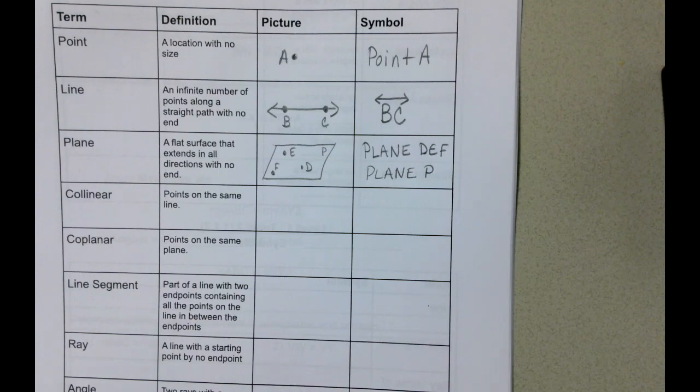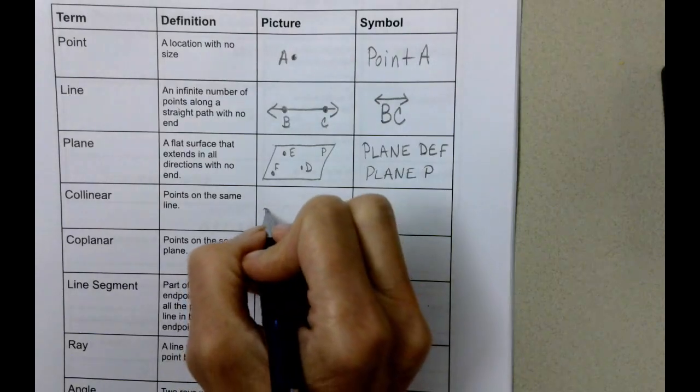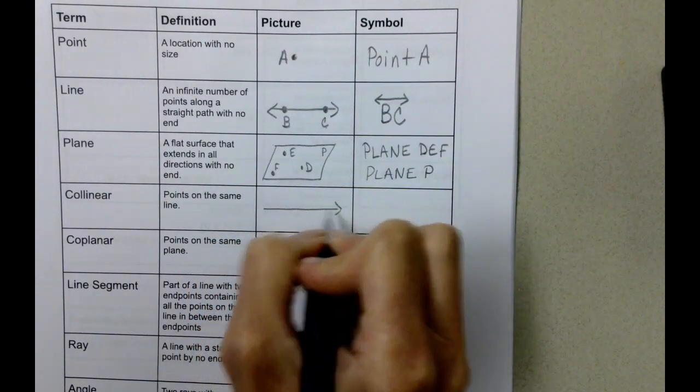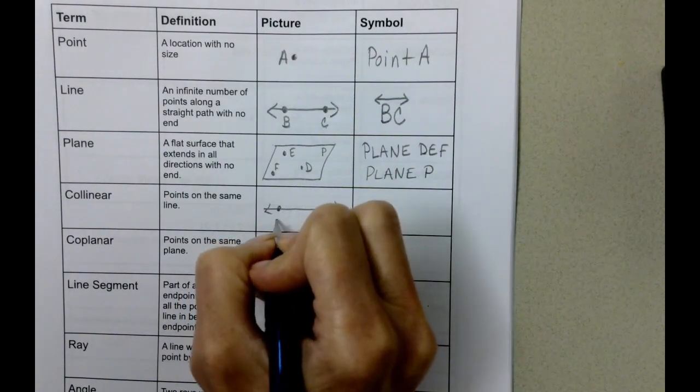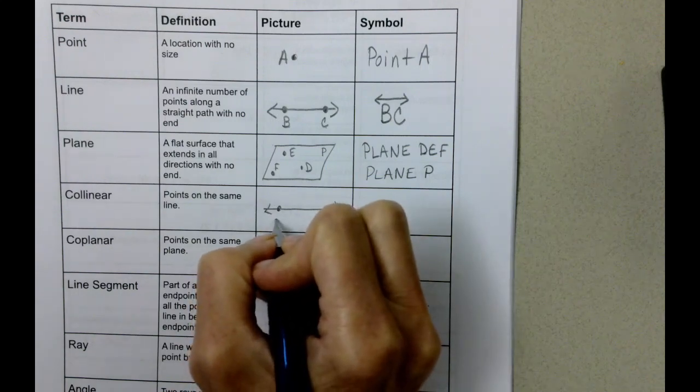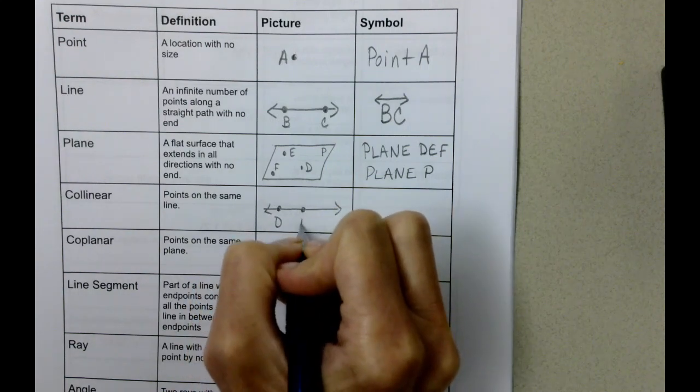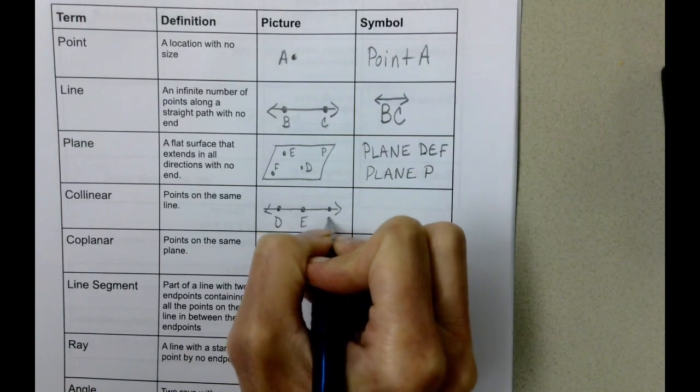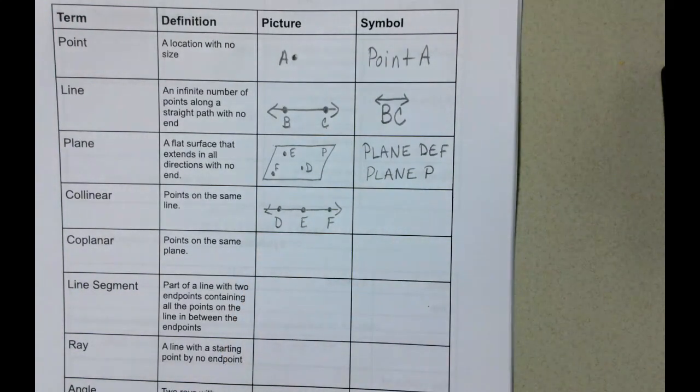Collinear: points on the same line. If we draw a picture, I'll say D, E, F. But remember, when we're talking about collinear, I don't know that there's a particular symbol to represent collinear, but we can give this line a name.